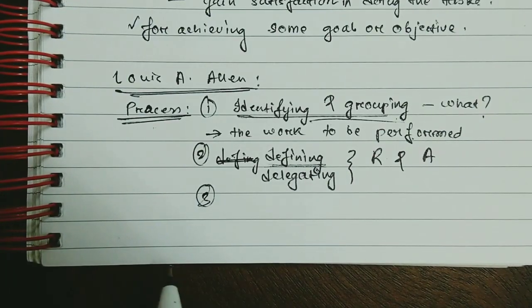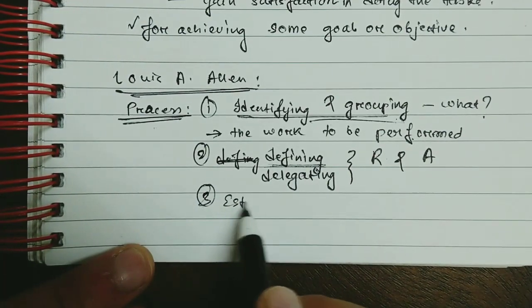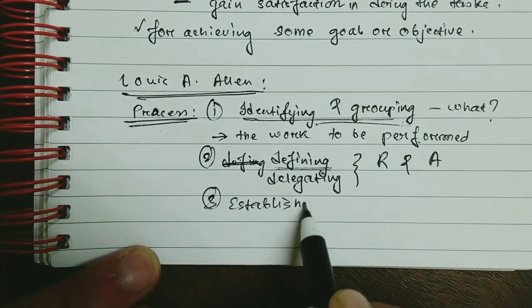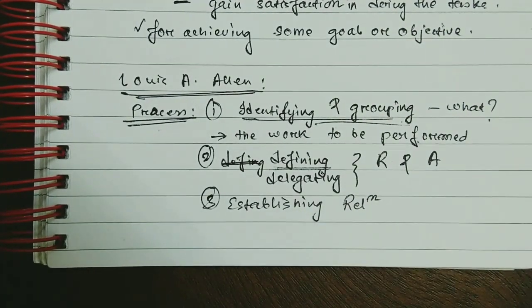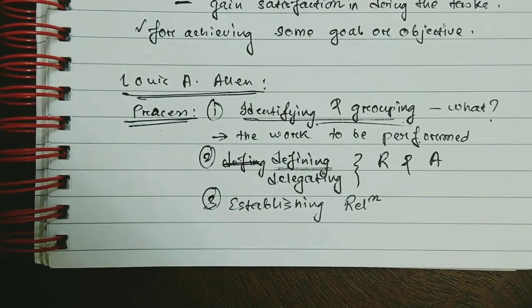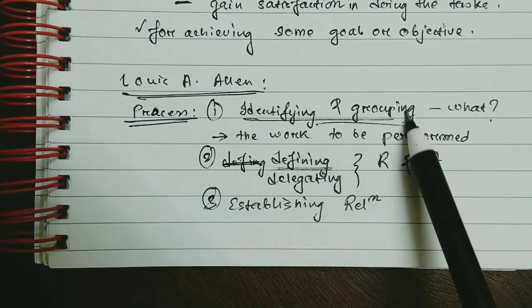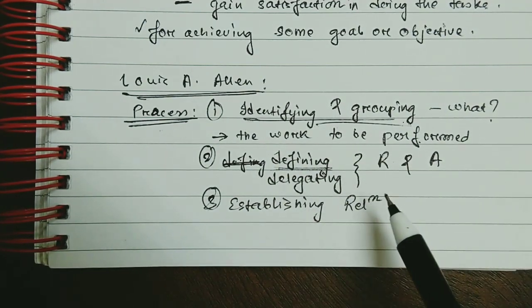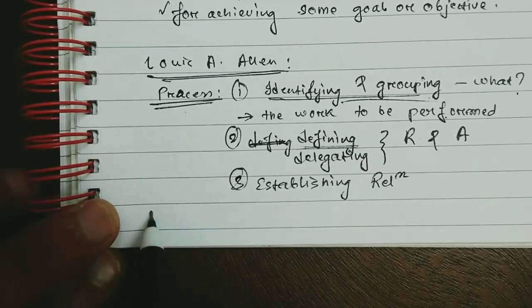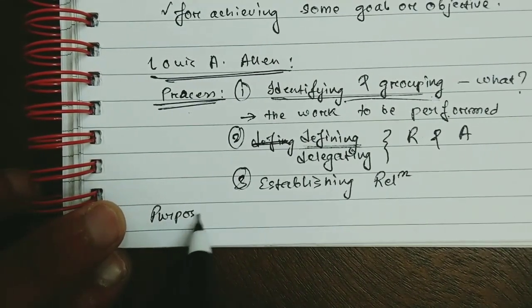Third thing that he's saying is establishing relationships. Okay, so first, second, third কি বলছে? Identify and group the work, then define and delegate responsibility and authority, and establish relationships. এবার what is the purpose behind all this?